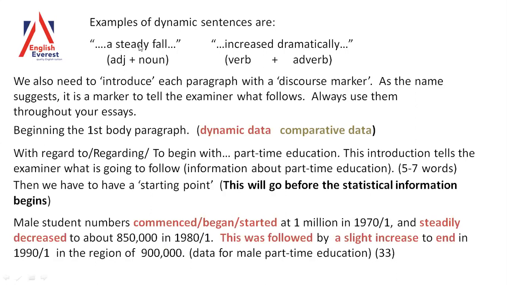Steady is an adjective describing a fall, which is a noun. Increased dramatically. Increased is a verb, dramatically is an adverb. These are the main two. There are a couple of different ones, for example, remained steady. Now, steady is an adjective, so you've got verb and adjective. But these are the main two.